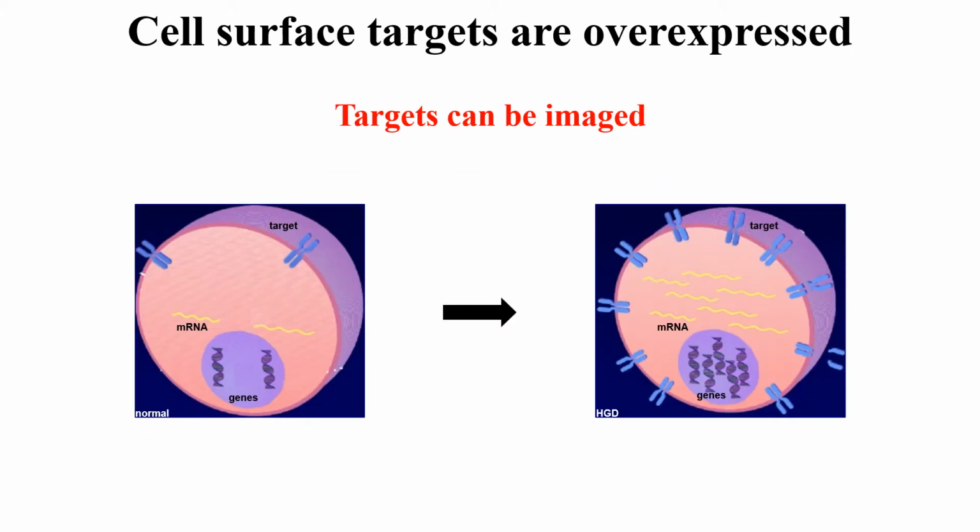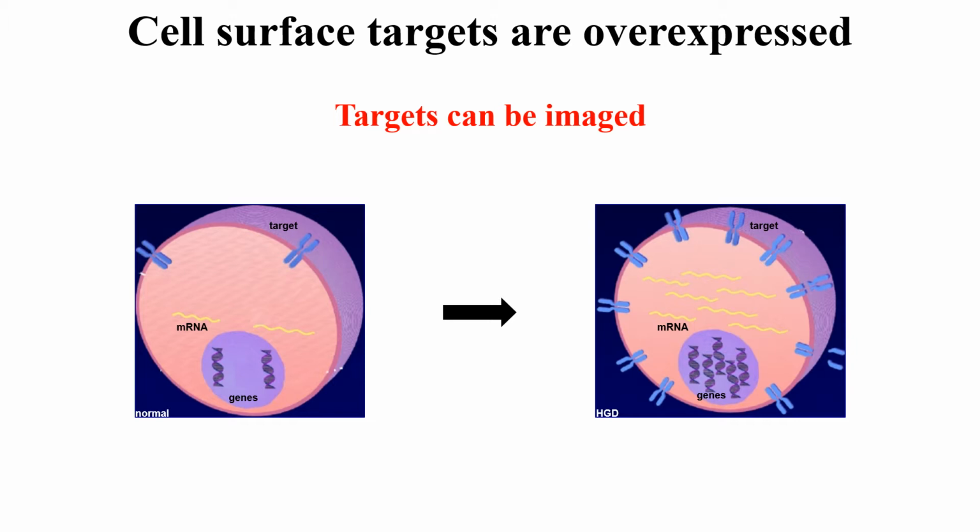In our lab, we're developing a strategy to image the cell surface targets. These are targets that are actually proteins that can be expressed at a basal level in the normal state, but when the cell transforms into cancer, will be highly overexpressed and thus be available for imaging.